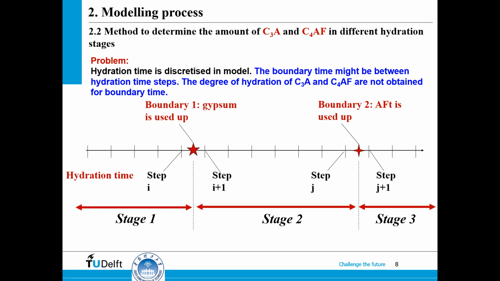For example, the first boundary time might be between step i and step i plus 1. So it is difficult for us to use the hydration model to predict the degree of hydration of the C3A and the C4AF at the boundary time. So I proposed an algorithm to deal with this problem in this study.